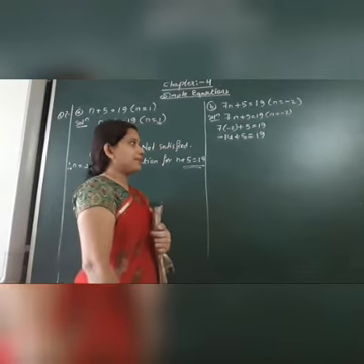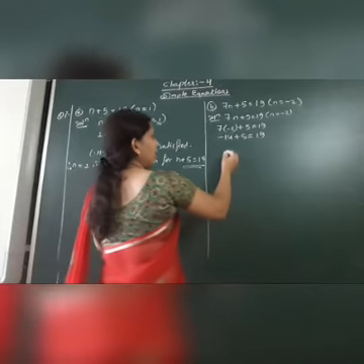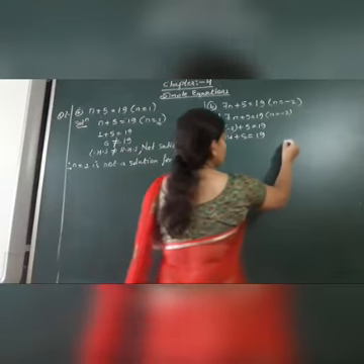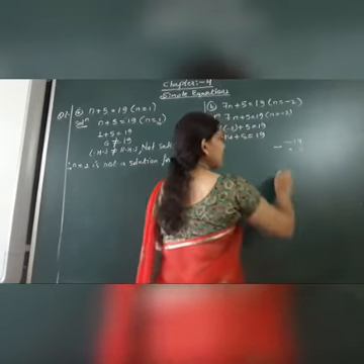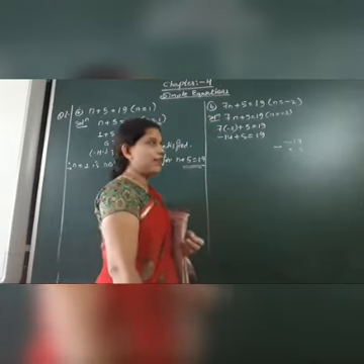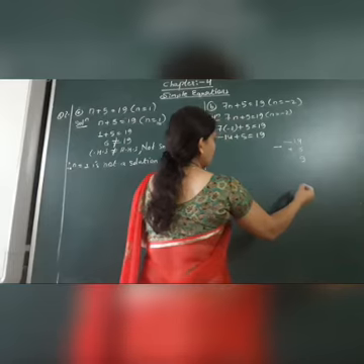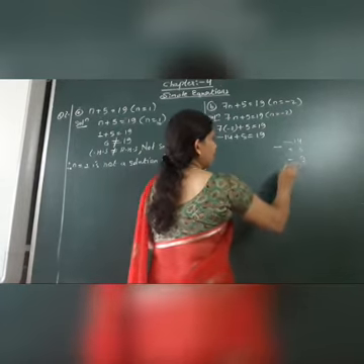Clear? Now what will we get by combining the numbers? Minus and plus 5. So minus 14 plus 5: 14 minus 5 is how much? Understood? What will the answer be? Minus 9. Then why is it coming minus 9?